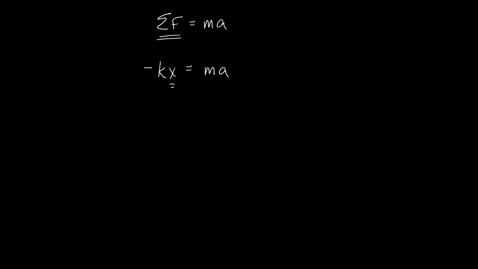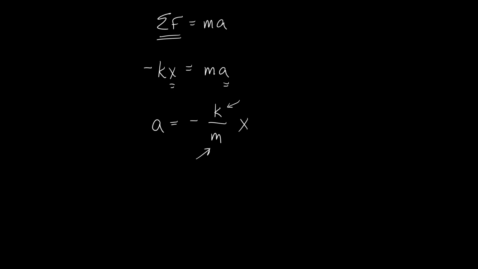Our position function and our acceleration function are related. But this is everything that's required for there to be an oscillation. What I mean is your acceleration has to be proportional to a negative sign, something about the restoring force, something about the inertia, times position.